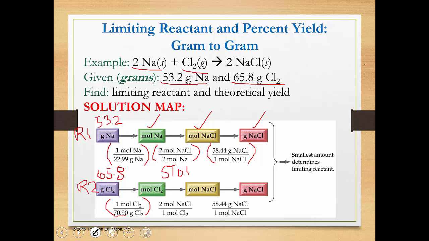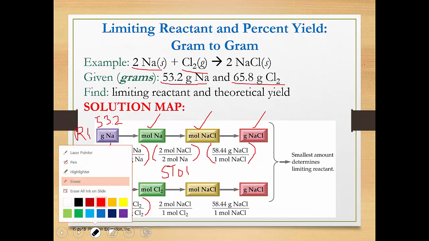And one other thing I forgot to point out earlier, the other thing you don't want to do, some people right here, they'll say, oh, well, the balanced equation has 2 moles, so they'll put a 2 here. Do not do that. You do not want, let me erase that just so there's no mistaking that. You do not want to put 2 moles of sodium to 22.99.